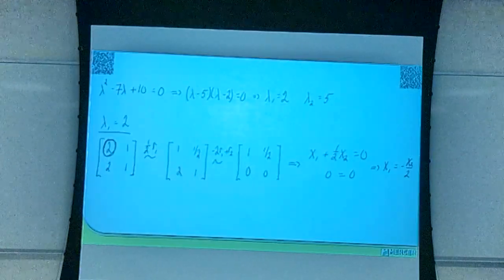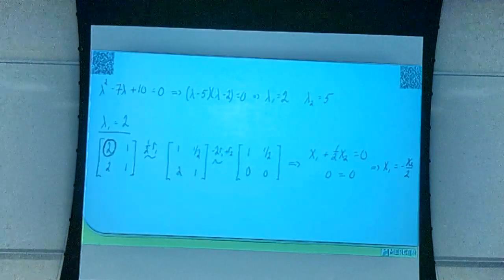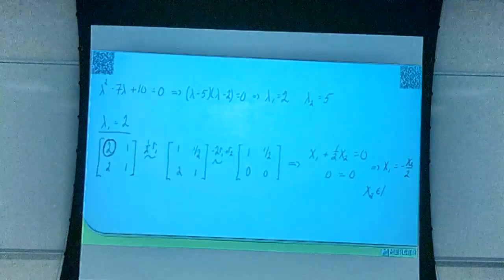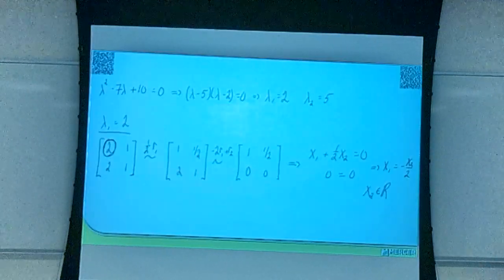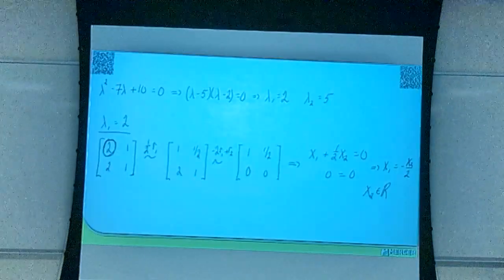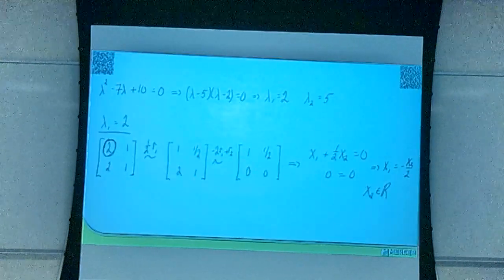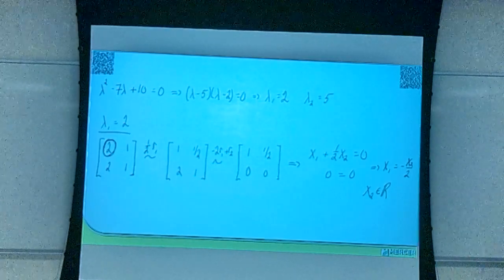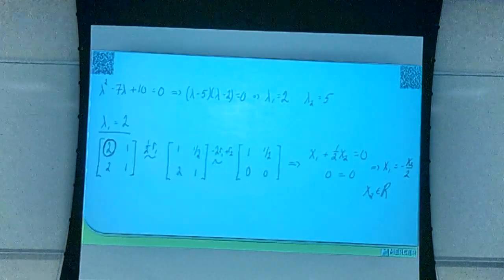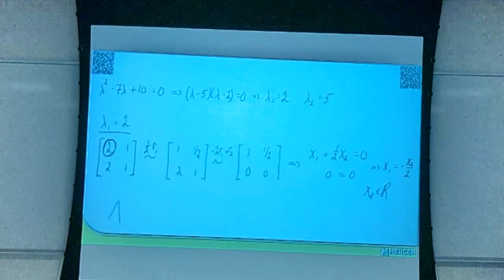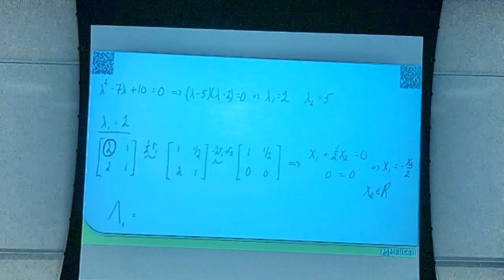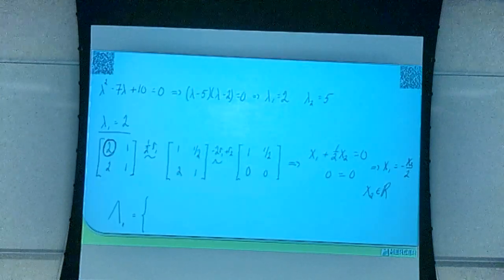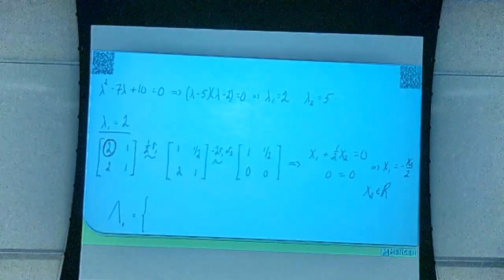That'll give us x1 is negative x2 over 2, right? And x2 is free. It's a free variable. Now again, I'm only going to do it for this problem. The eigenspace is the set of all of your eigenvectors plus the 0 vector.